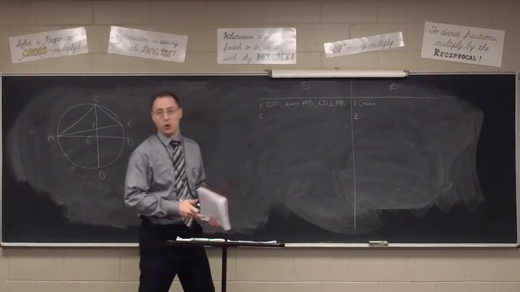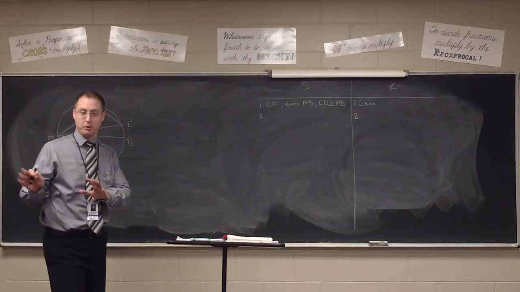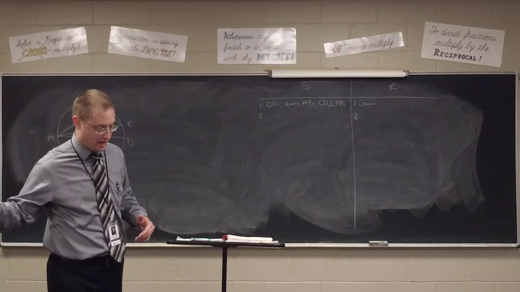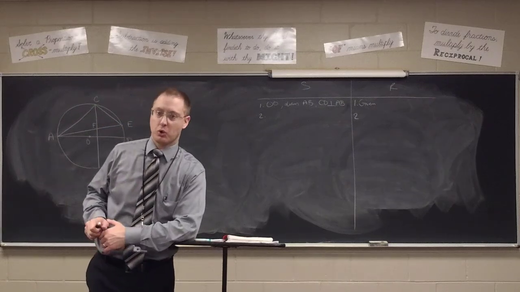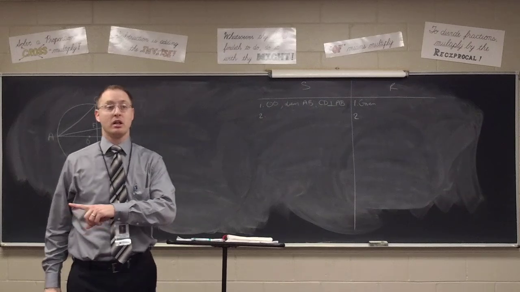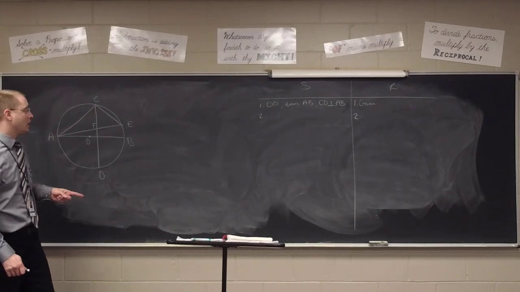We have a chord perpendicular to a diameter, or better yet, a better way to put it, we have a diameter perpendicular to a chord. And anytime a radius or diameter is perpendicular to a chord, class, it bisects the chord and the arcs it intersects.